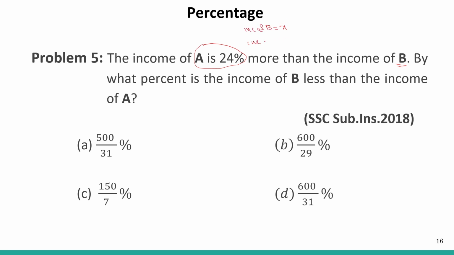So income of A is equal to what? x plus 24%, that is 1.24x. So what is the income of B less than the income of A?